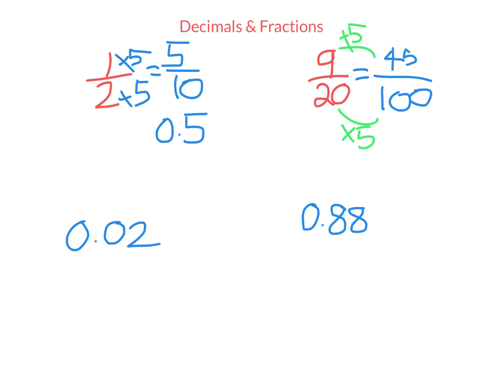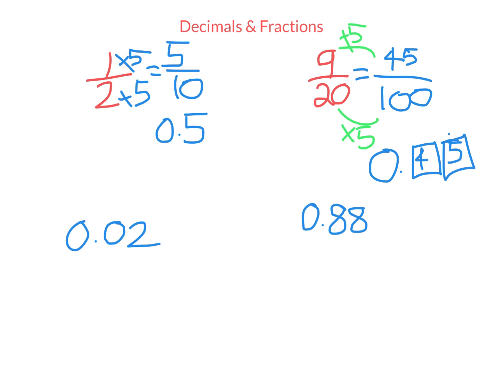So I have 45 hundredths. So I want the last number to be in the hundredths column, which is the second column after the point. So I just write the number in like this, 0.45. So 9/20 and 0.45 are equivalent. They're equal. Same position on the number line and everything.